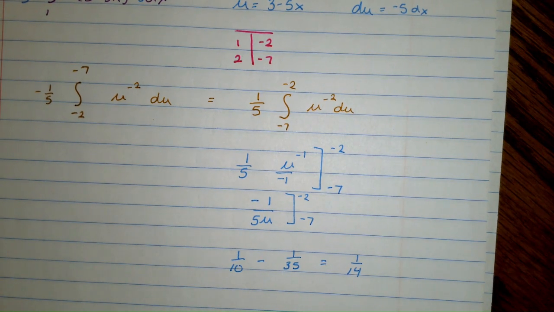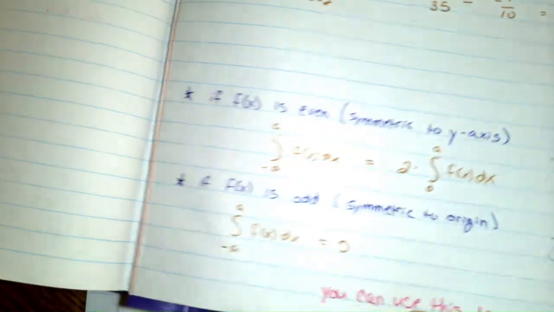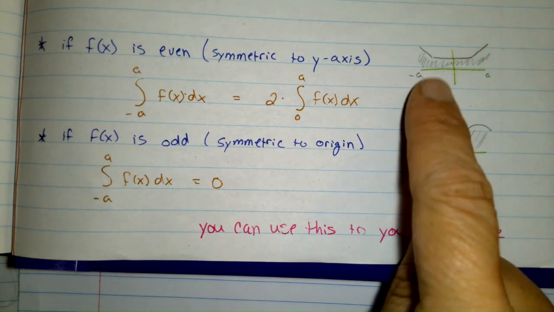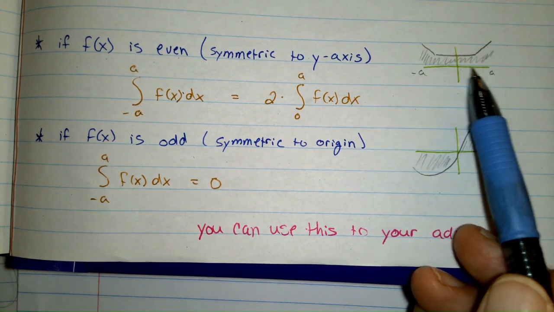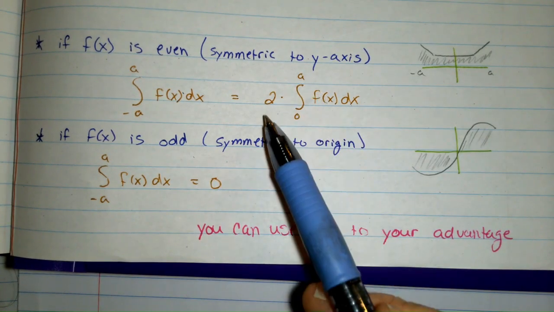Okay, so a couple of things I do want to point out. If you're getting stuck and having issues with a few of your problems, you can always make a little bit of adjustments. If you know that your function is even, it's symmetric, you can just find the area on the right side from 0 to a, and then double it.